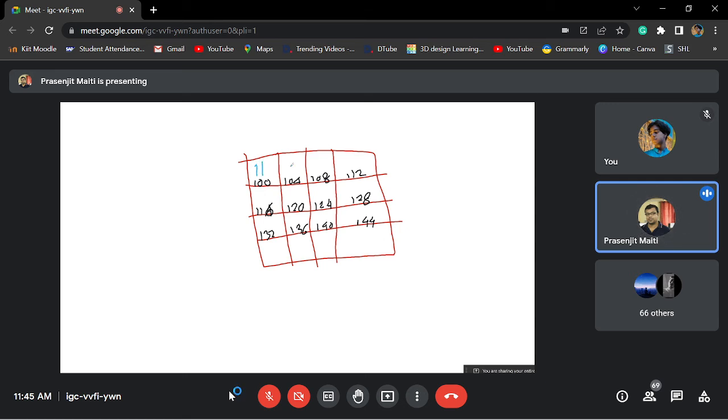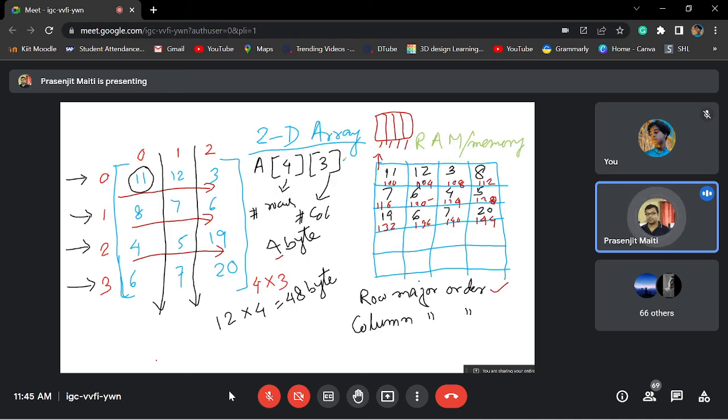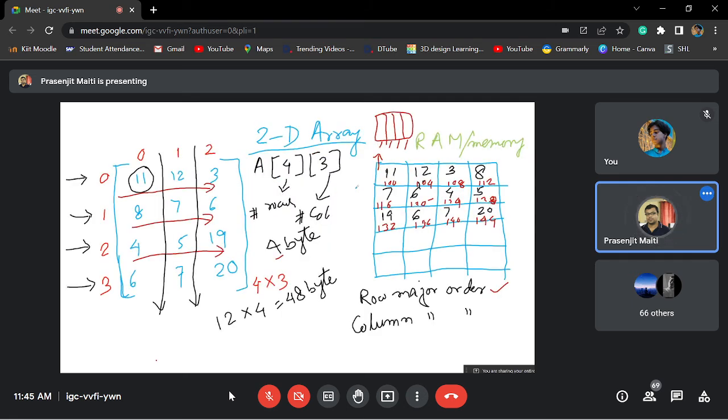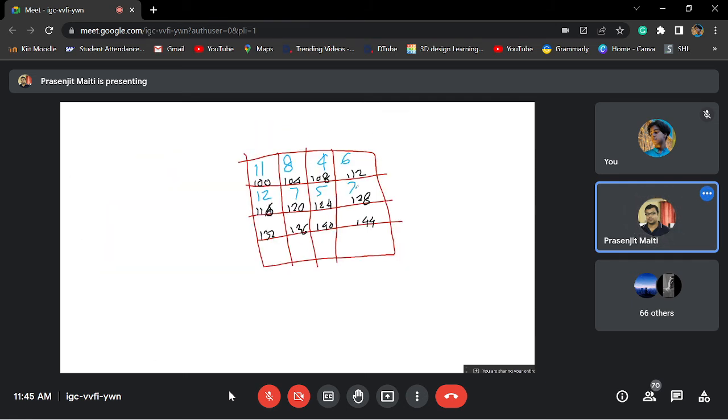Then we store 12, 7, 5, 7. Then we store 3, 6, 19, 20.